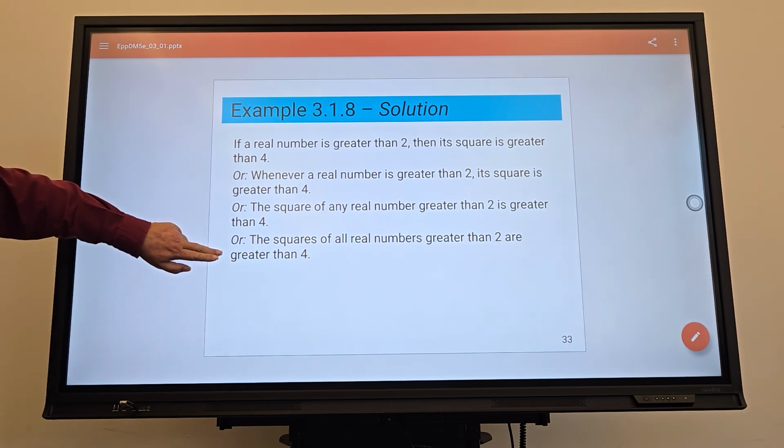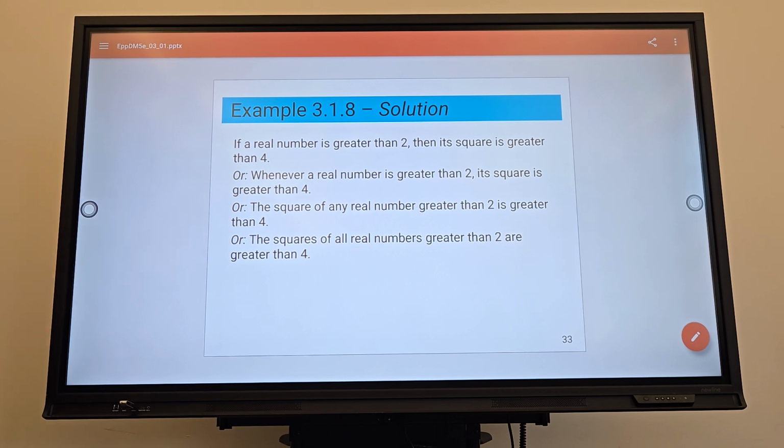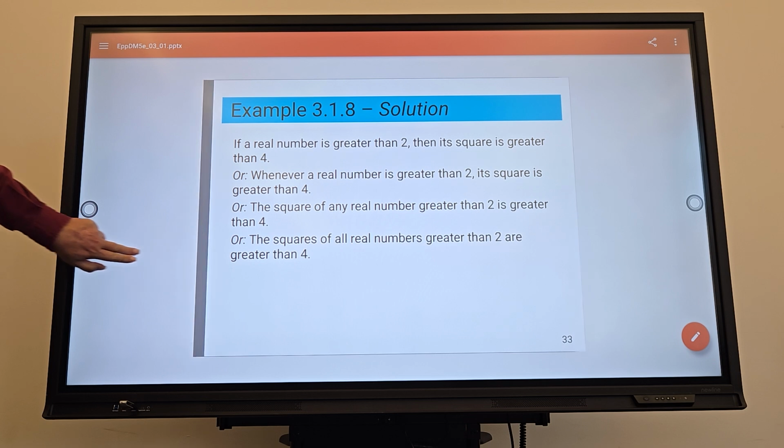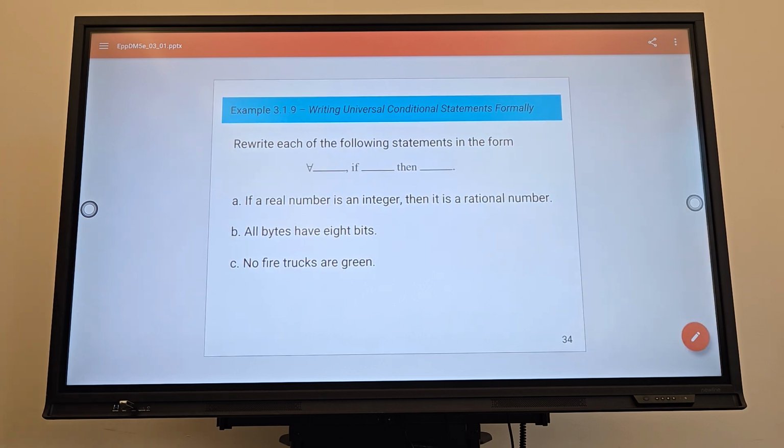So it's another form of the if-then statement that we learned last chapter. Let's see here. Write each of the following statements in the form upside down A, blank, if blank, then blank.